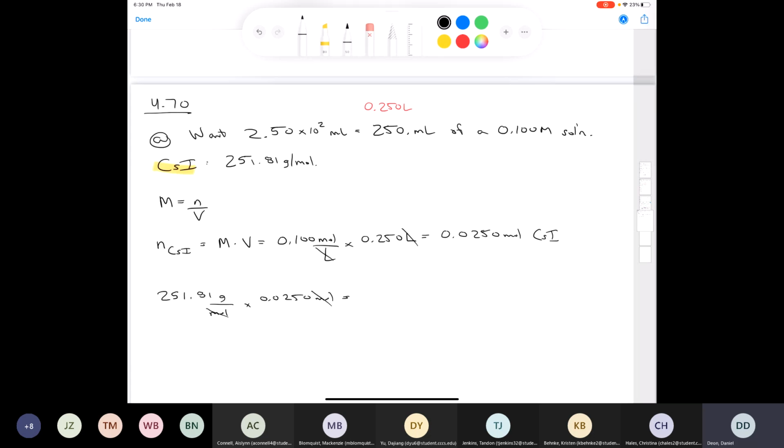What am I doing wrong here? 251. It's 259.81. I'm making all kinds of mistakes here. There we go. So 259.81 times 0.025. There we go. Gives you 6.50 grams of cesium iodide.